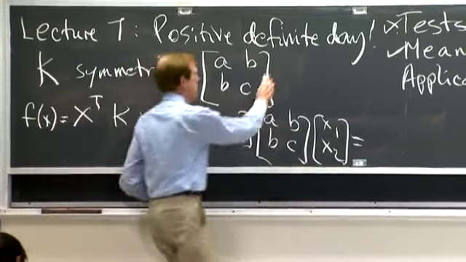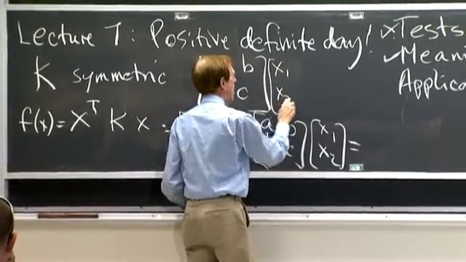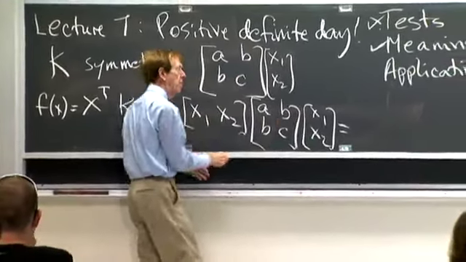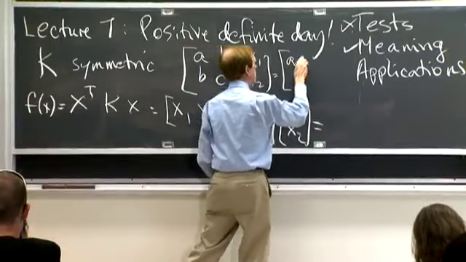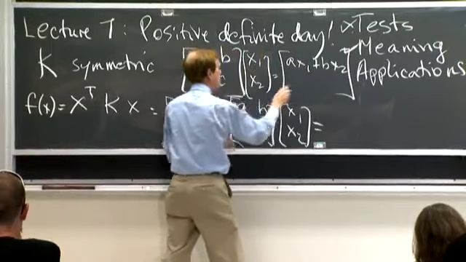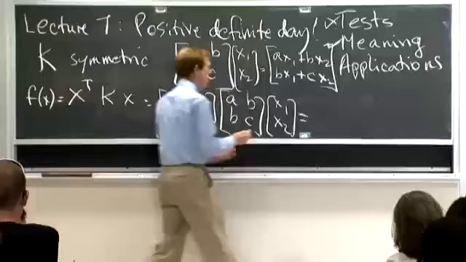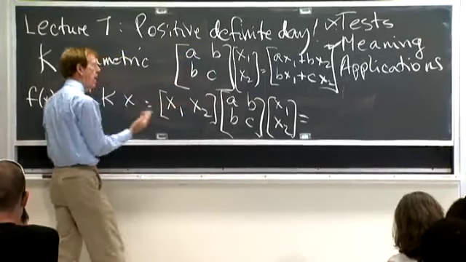Maybe above I'll do the multiplication of this pair, and then I have the other guy to bring in. So here that would be ax1 plus bx2, and this would be bx1 plus cx2. That's this times this, and now I have to take, what am I going to get?